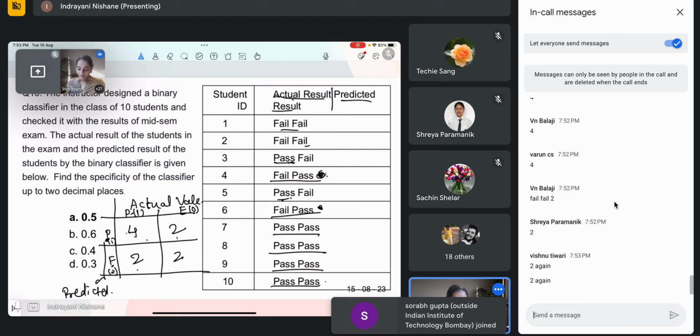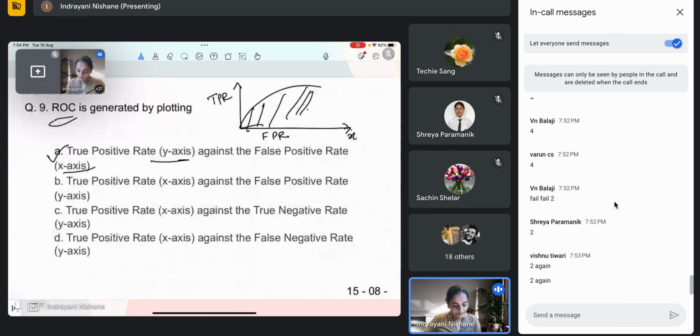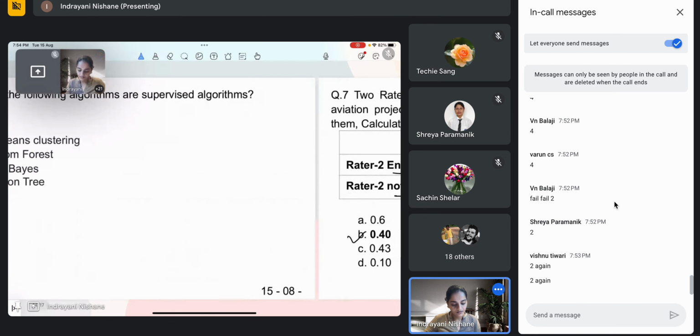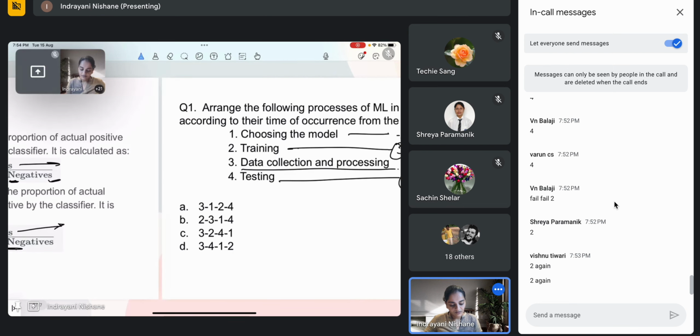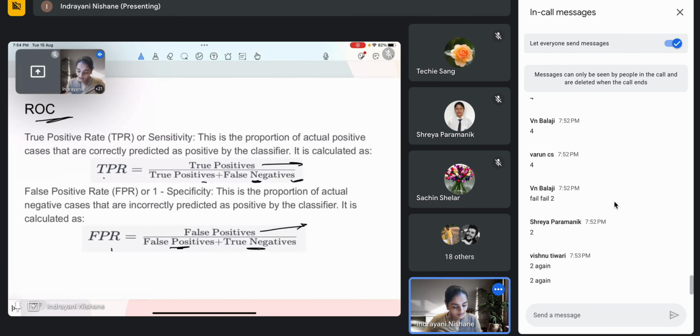Now, I'm sorry, specificity we have to calculate. So let's go back to the formula, the specificity formula. First, 1 minus specificity, so we have to calculate this thing.